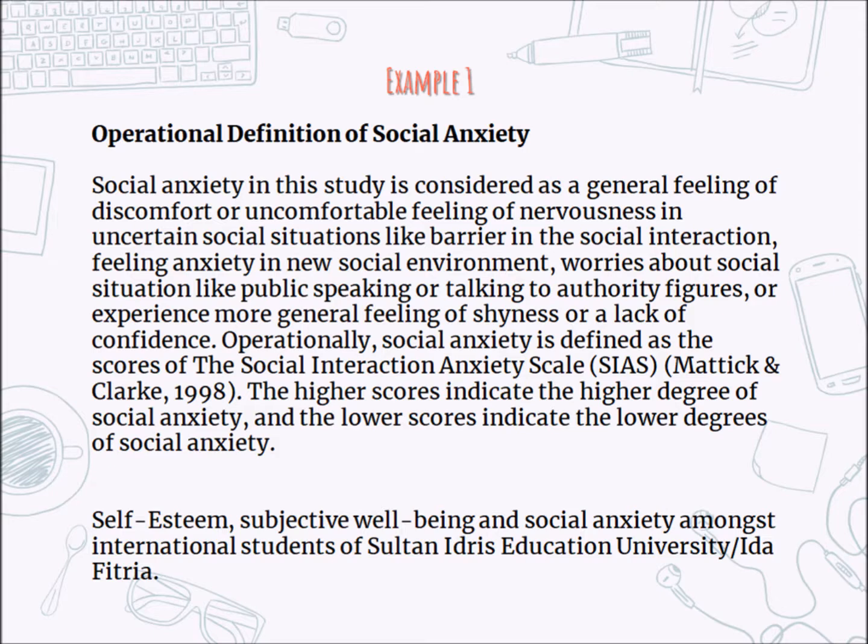The last thing is to state the decision criteria. The decision criteria here are stated by the words: the higher score indicates a higher degree of social anxiety, and the lower score indicates a lower degree of social anxiety. It means example 1 is a good writing method of operational definition.